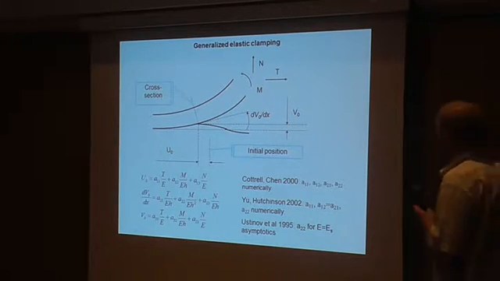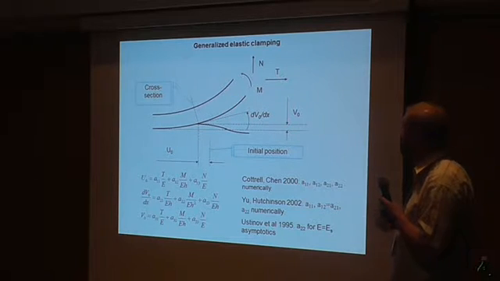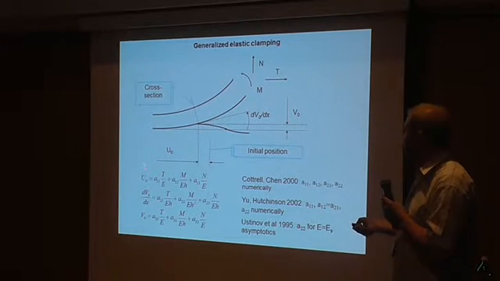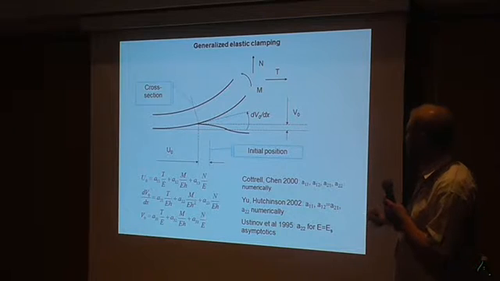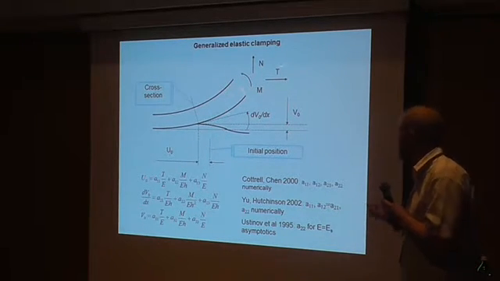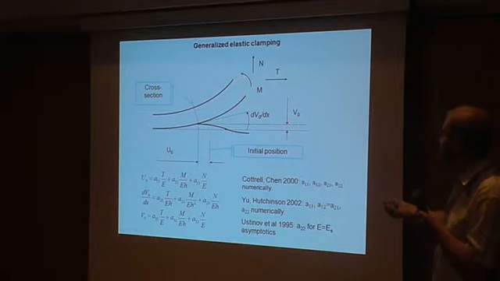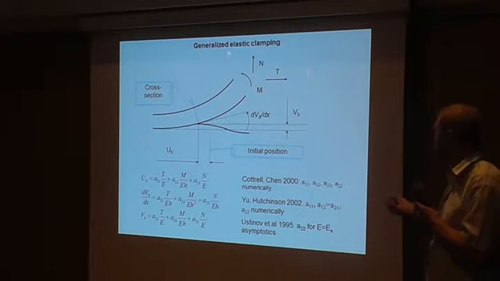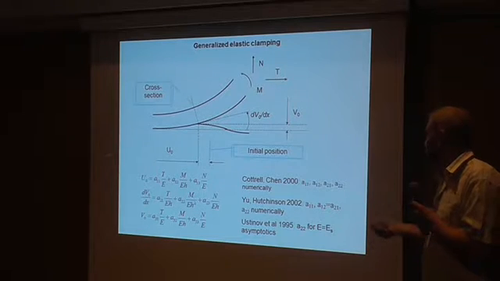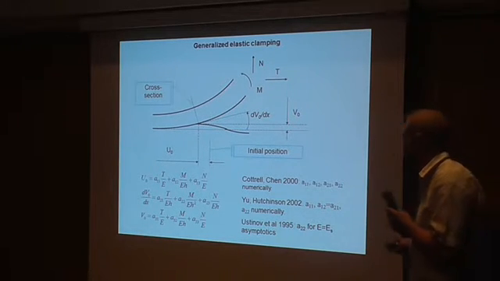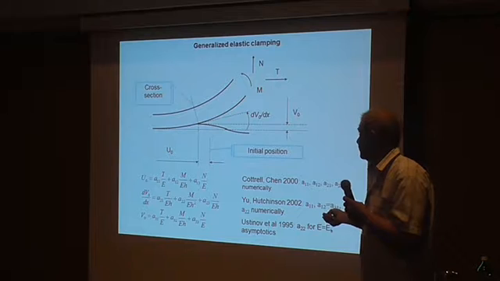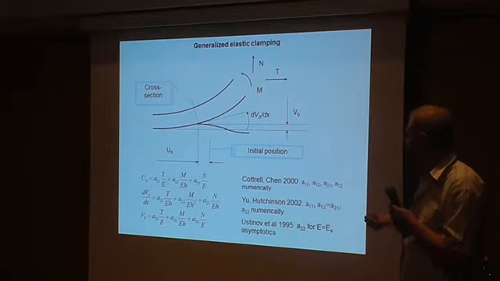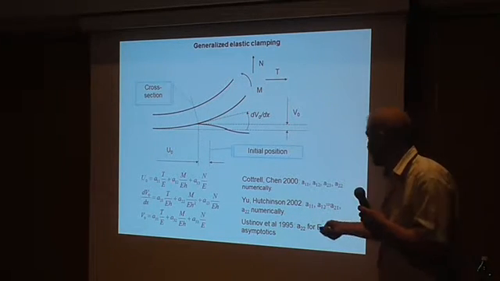So the point is to find this initial displacement in both directions and the angle of rotation in terms of acting stress parameters, force and moments, the so-called matrix of elastic clamping, or matrix of compliance.